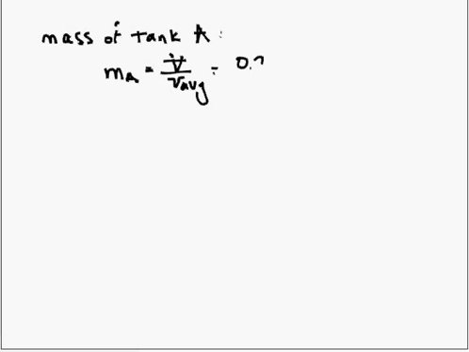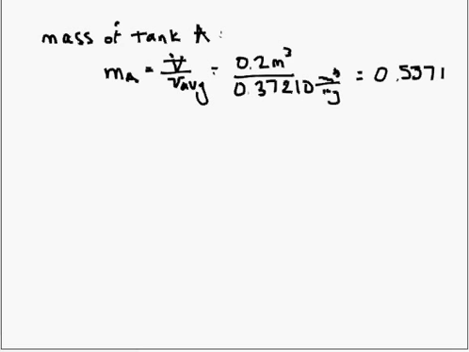So that's going to be 0.2 cubic meters over the average specific volume we just found on the previous slide, which was 0.37210 meters cubed per kilogram. And when I solve that, I get 0.537 kilograms of water in tank A.